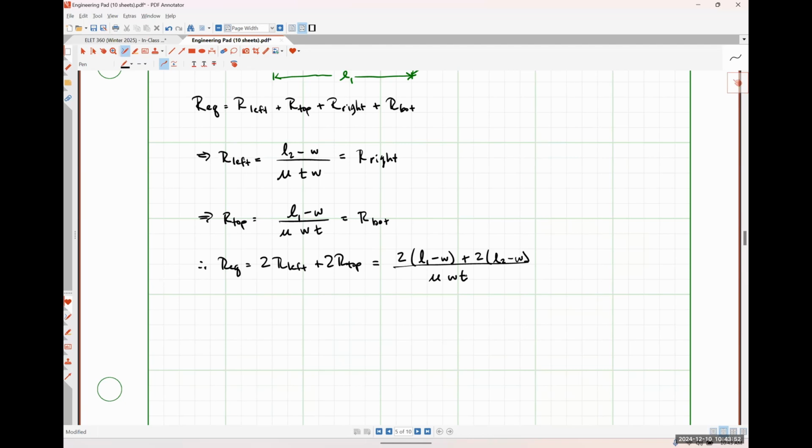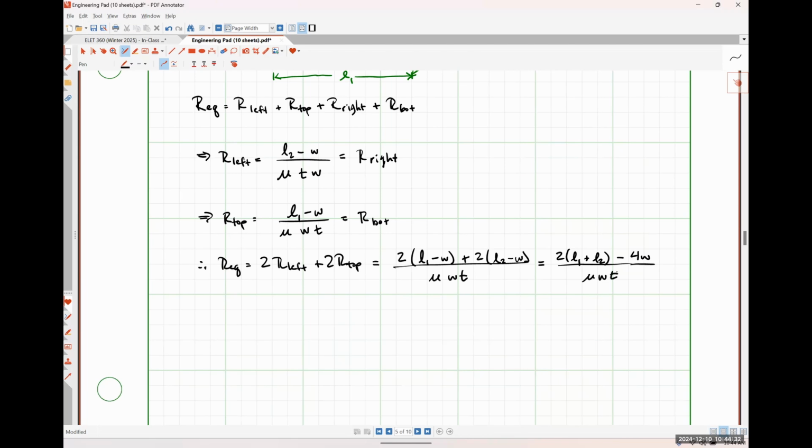Okay. All right, so we could further play around with this, just for what it's worth. I have a 2 times L1 and a 2 times L2, so I could write that as 2 times (L1 plus L2). And then I have a minus 2W and another minus 2W, so this would just be minus 4W all over mu WT, like so.